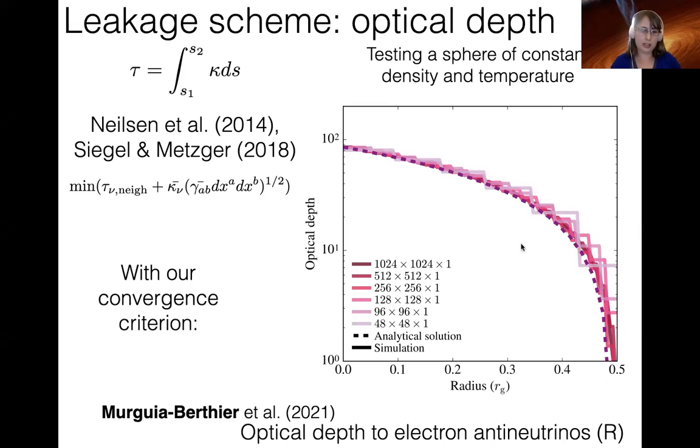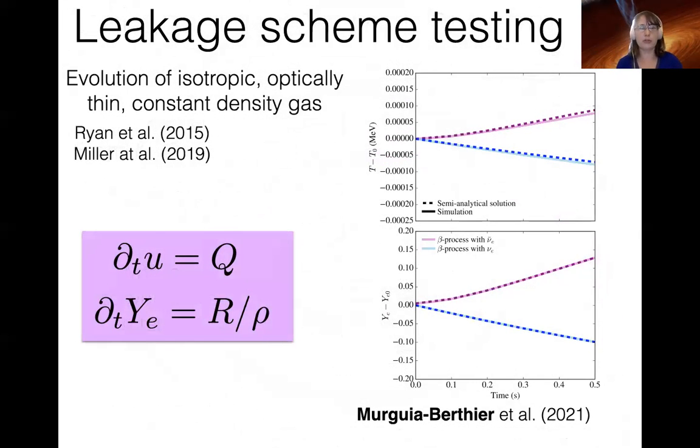So we take a first guess that's 20 times the number of maximum cells, and this tells the neutrino what to do. And then, at every time step, we calculate the optical depth with our convergence criterion, and we only need 1 or 2 iterations to converge to the solution, which is really nice. So again, it's a very local approach, which is also nice.